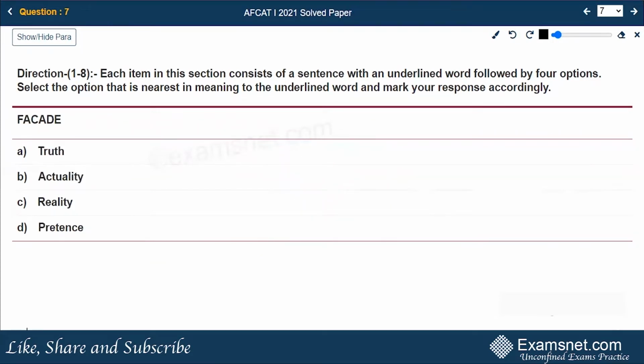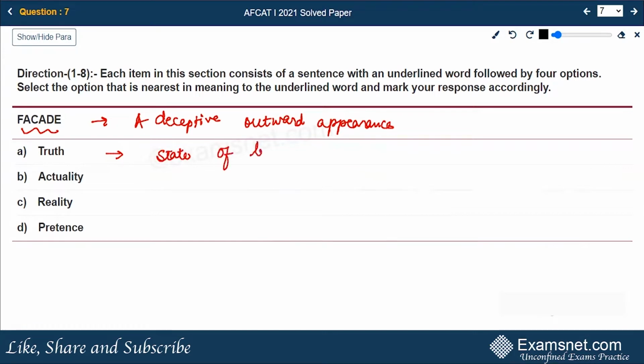Next, question number 7. Facade. Facade means a deceptive outward appearance. Truth, you know this, it means anything which is in the state of being true. Actuality means reality, which is anything which is true.